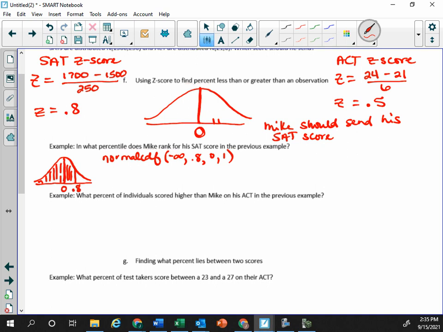And we got Mike ranks at about the 79th percentile, okay?